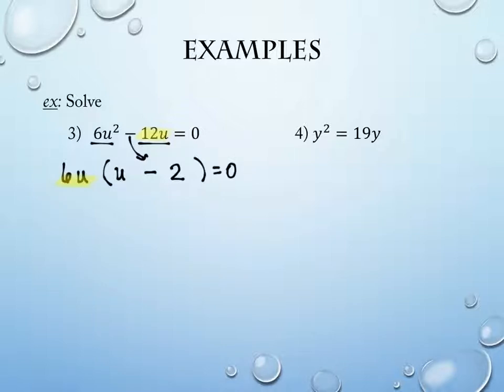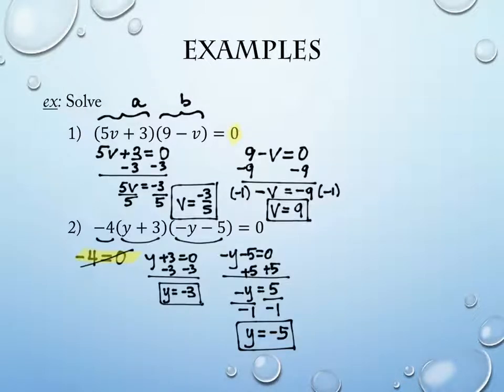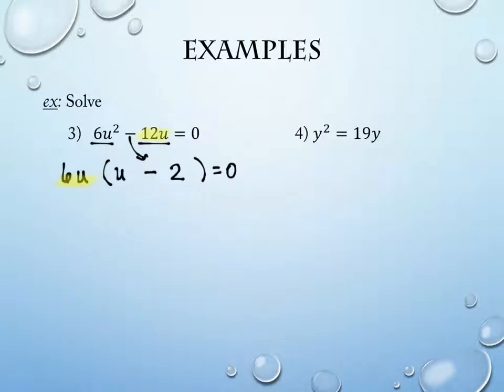Now, the cool thing is at this point, we have found ourselves essentially where these problems started. 2 pieces multiplied together equals 0, right? 6u times u minus 2 equals 0.